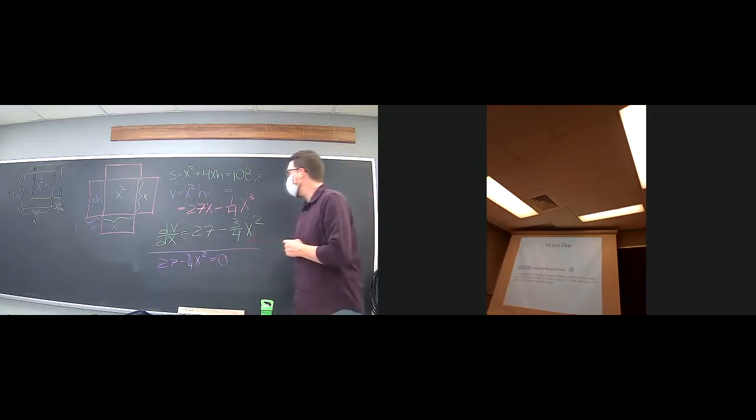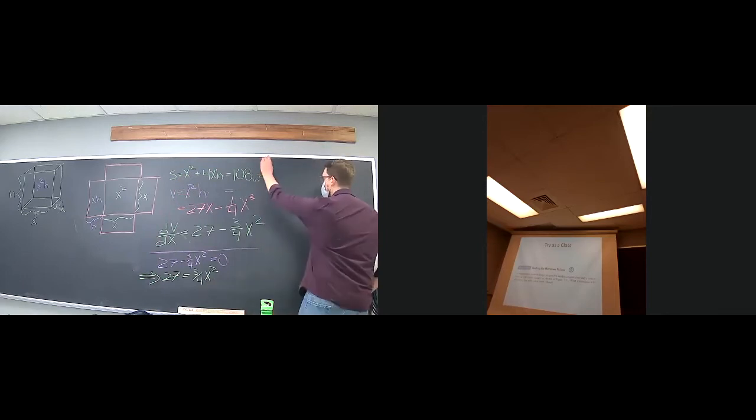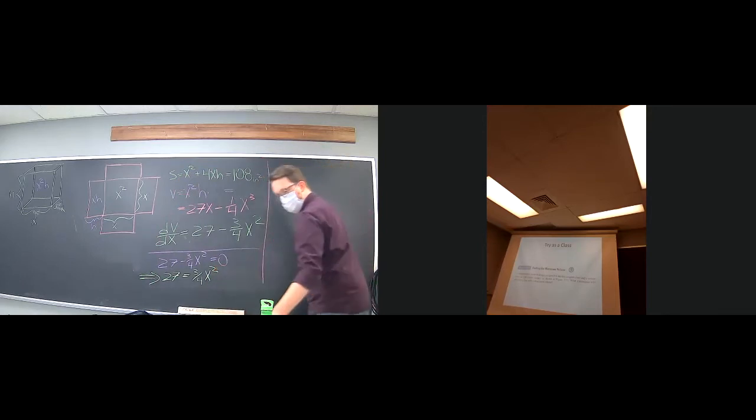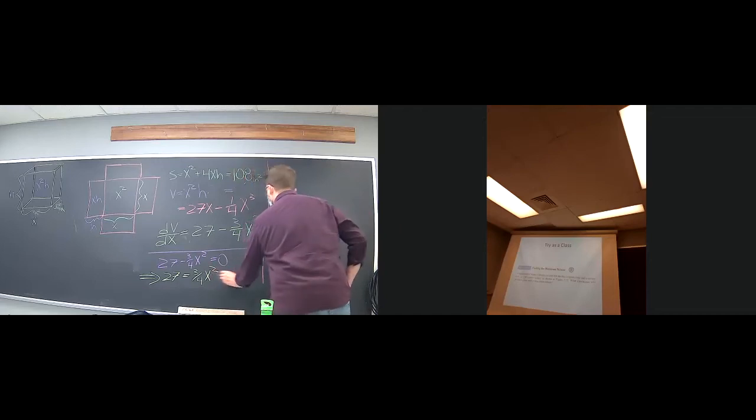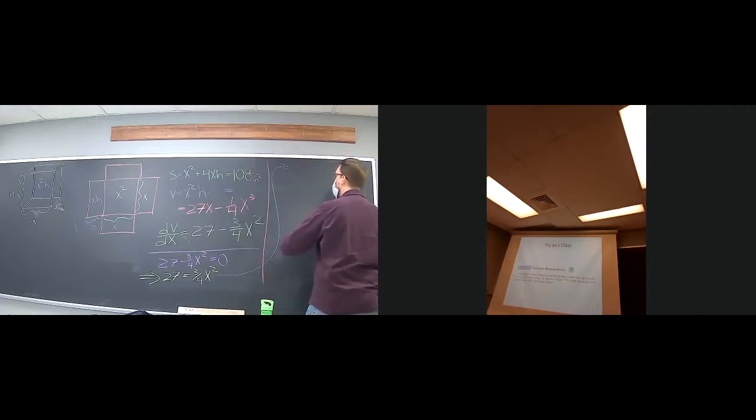Now we solve for x squared. This is going to give us 27 is equal to 3 over 4 x squared. Multiplying both sides by 4 over 3, we're now going to get 108 divided by 3 is equal to x squared.